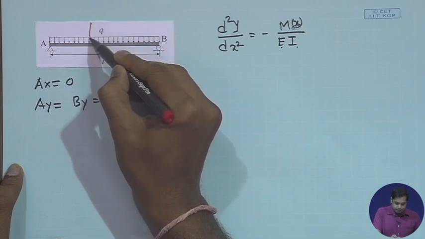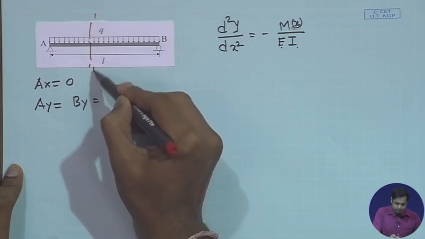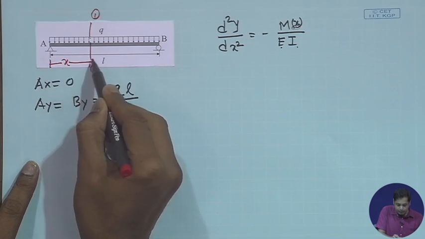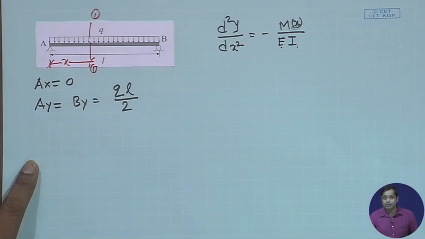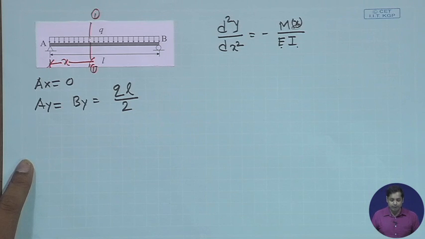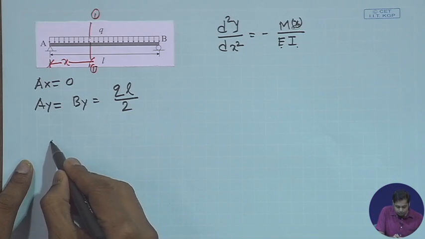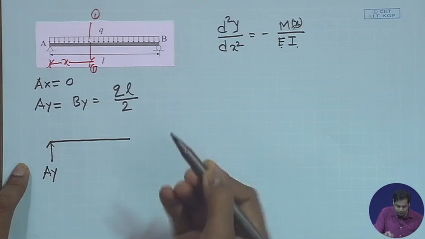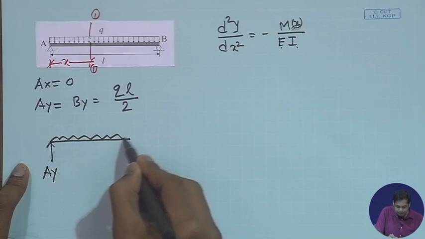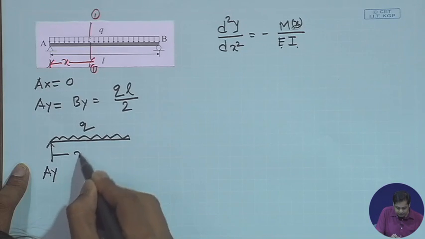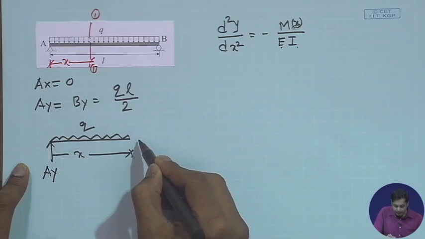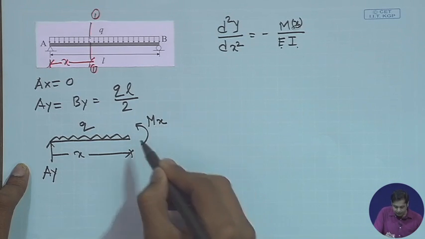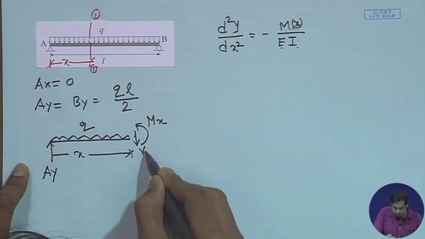Take a section here, say 1-1, which is at a distance x from the support, and draw the free body diagram of this. This is Ay, Ax is equal to 0. This is q, this distance is x, and then this is moment M(x), and this is shear force V(x).